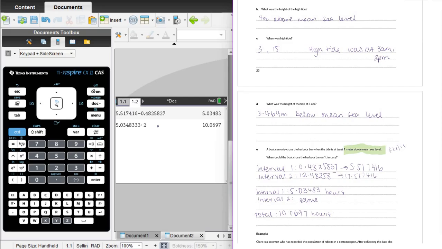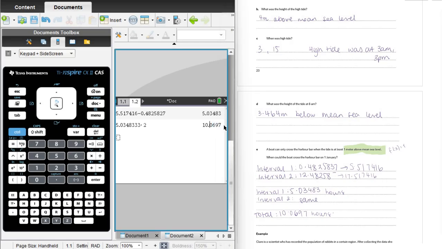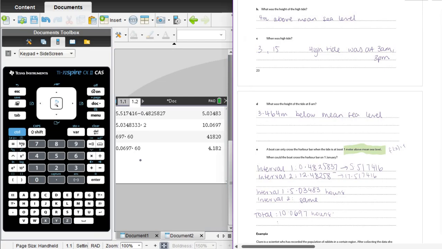And then we have to turn that decimal place into minutes, right? Because we're not going to give an answer as 10.0697 hours. We're going to give it in terms of minutes. So I'm going to take this bit here because that's still in hours, and I'm going to times by 60 to get my minutes. 0.0697 times 60 is 4 minutes. So 10 hours and 4 minutes is how long he had to cross.